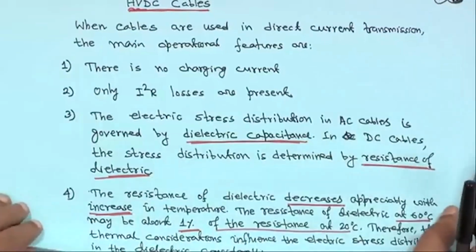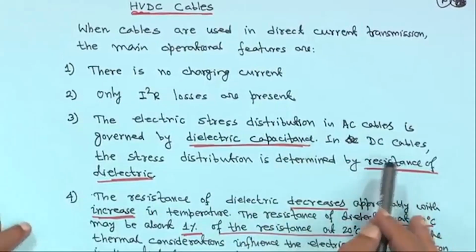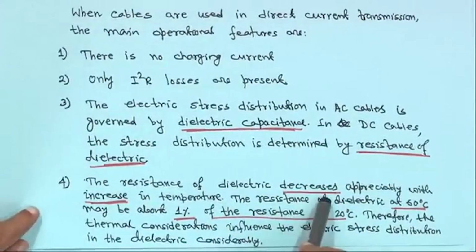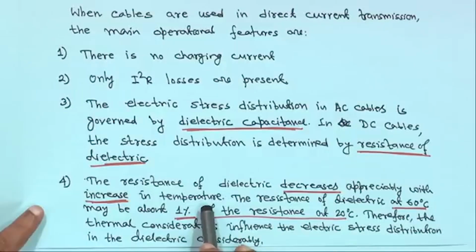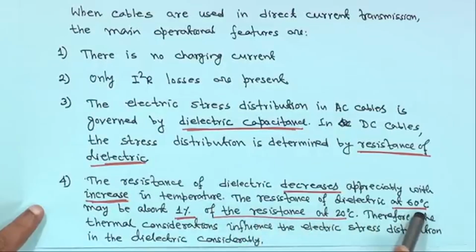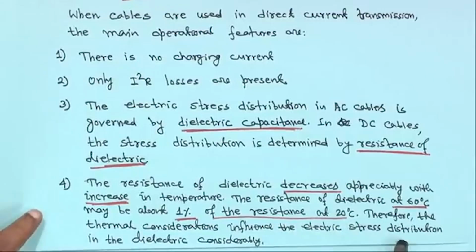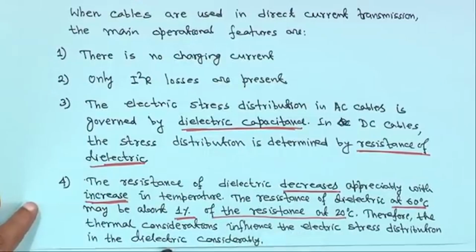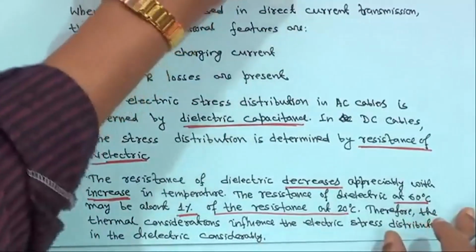This is the comparison between AC and DC cables. But the resistance of dielectric decreases appreciably with increase in temperature. Very interesting here. The resistance of dielectric at 60 degrees Celsius may be about 1% of the resistance at 20 degrees Celsius, I mean drastic reduction, right. Therefore, the thermal consideration influences the electric stress distribution in the dielectric considerably, right. So, this is very interesting.